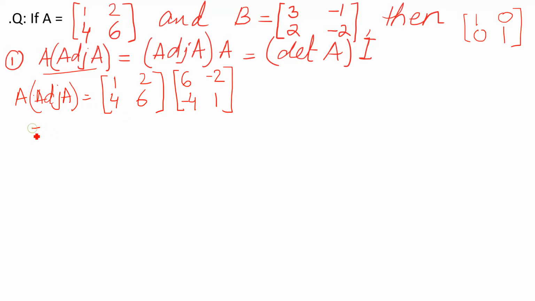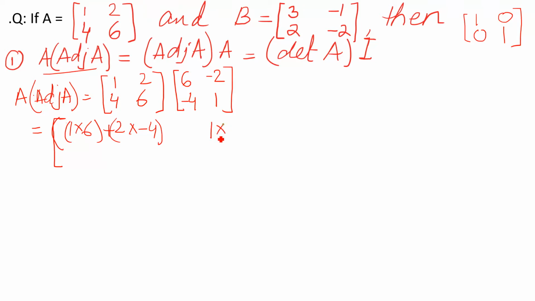So here we are going to start multiplication. First row with the first column: 1 multiplied by 6 plus 2 multiplied by -4, right?